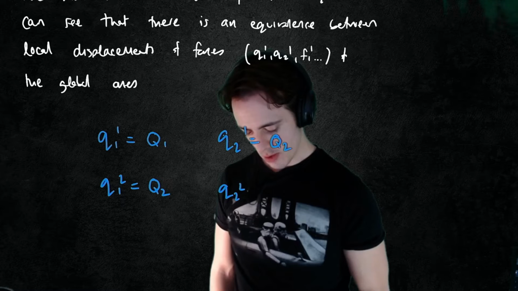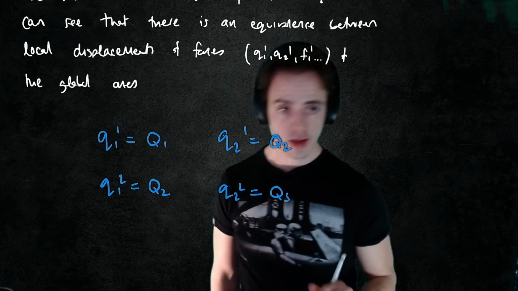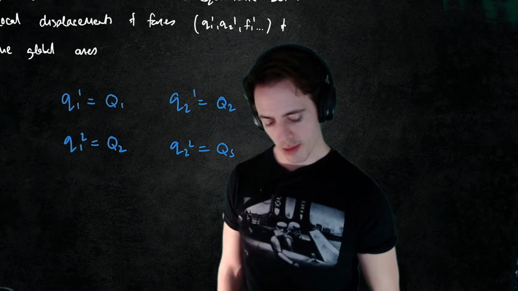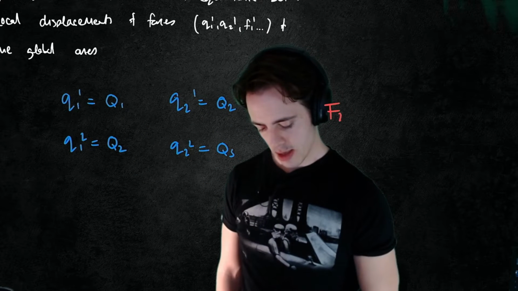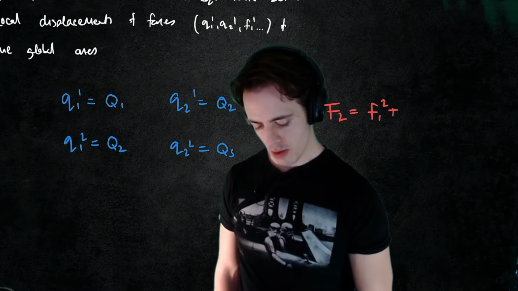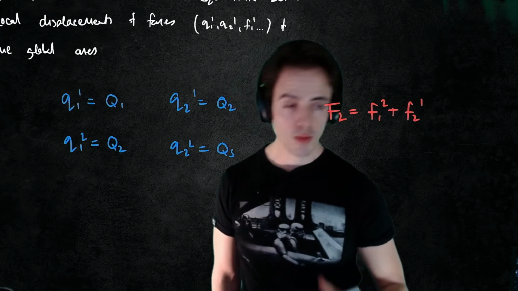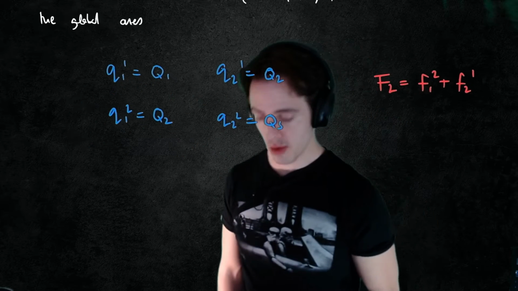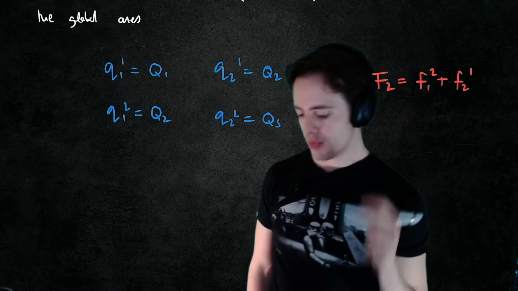And Q22 is equal to Q3. For the forces, we actually have to sum them together. So what we'll end up showing is that F2 is equal to F12 plus F21. We're going to build that up in a moment. But we're just going to use these displacements in the first instance.